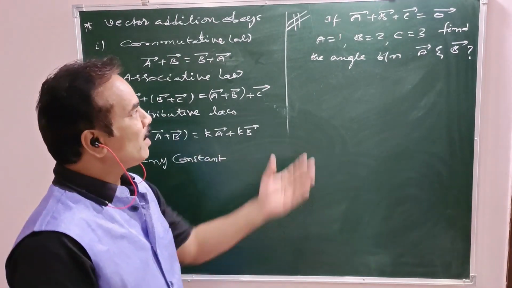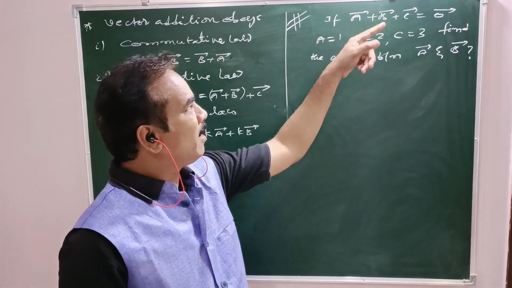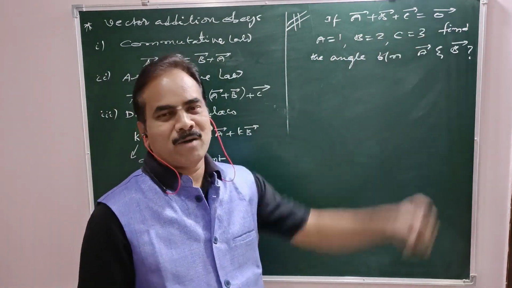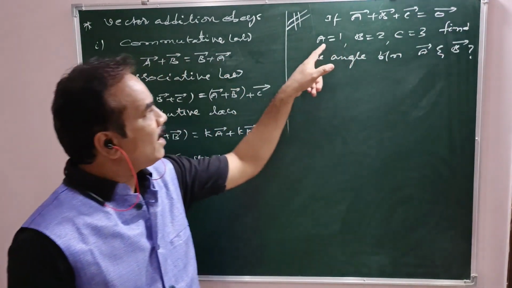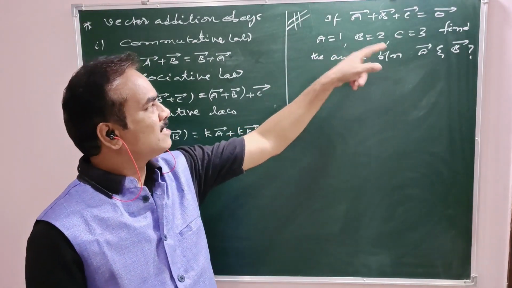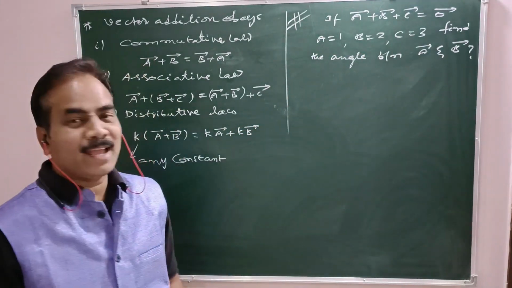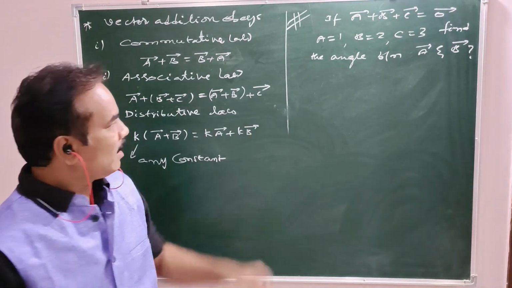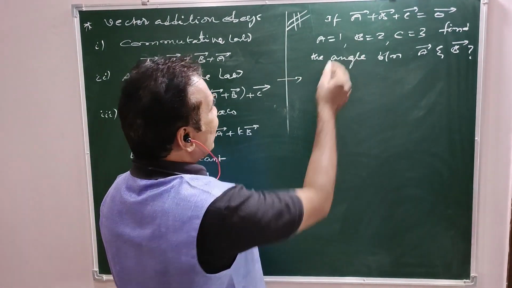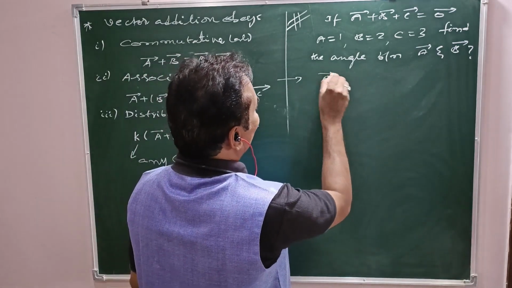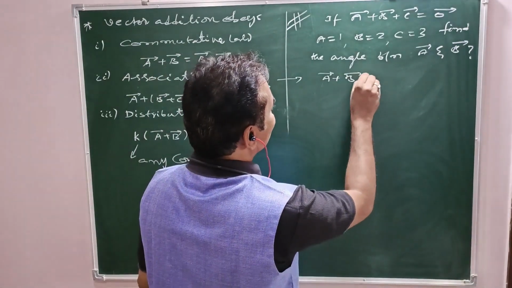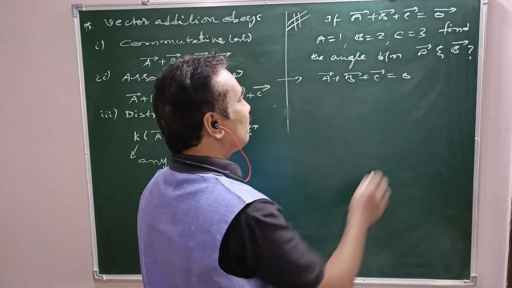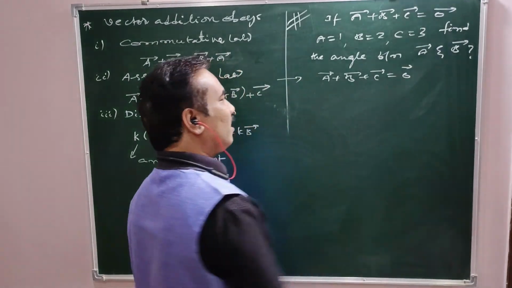Now coming to one numerical: if A bar plus B bar plus C bar is 0 bar, that is the null vector, and A is 1, B is 2 and C is 3, find the angle between A bar and B bar. Let us see. From the data, A bar plus B bar plus C bar equals 0 bar, the null vector.